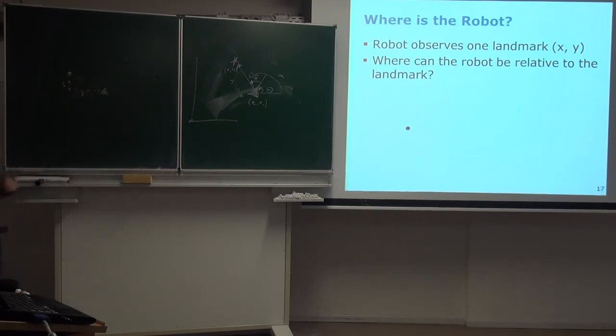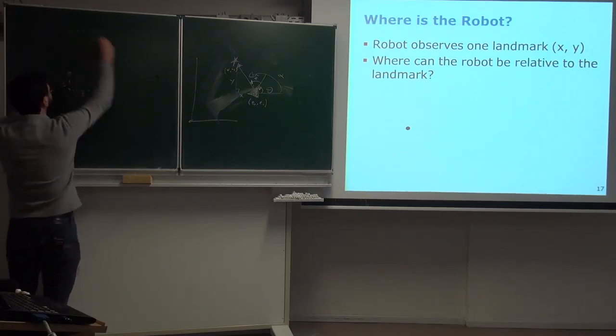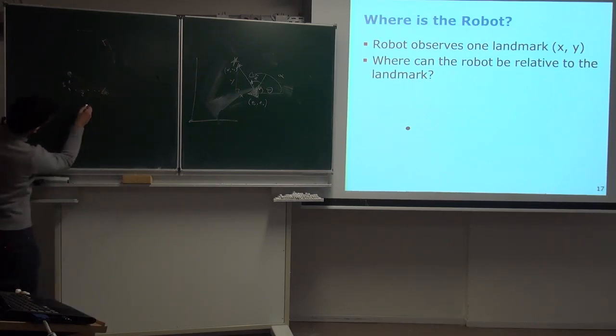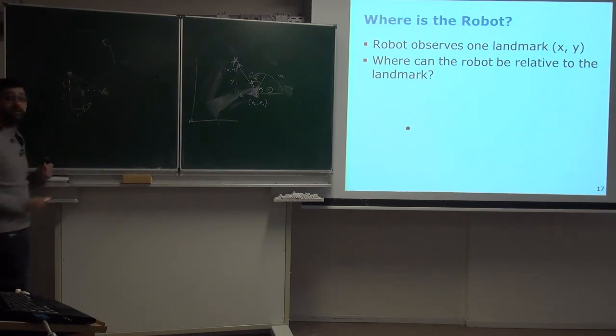That's one possible thing. But I can always take this and do like that, no? So when the robot is here, I can still say that's the distance. From the robot's point of view, this is again 1 meter, and this is 2 meters again.